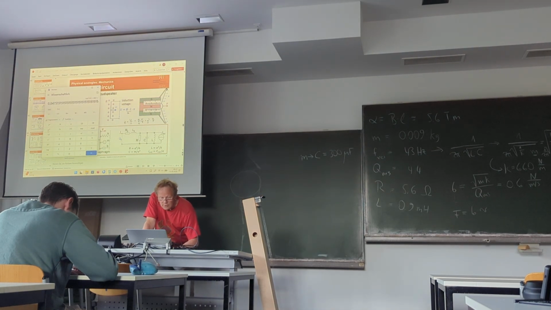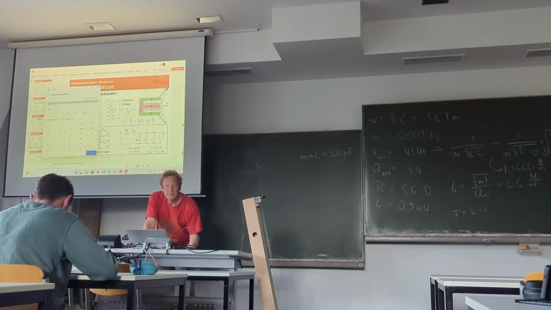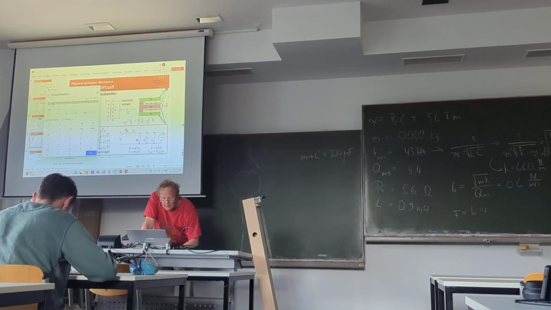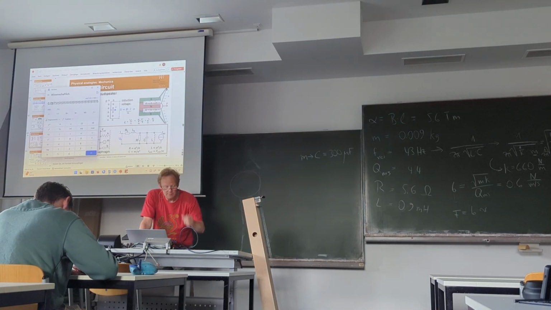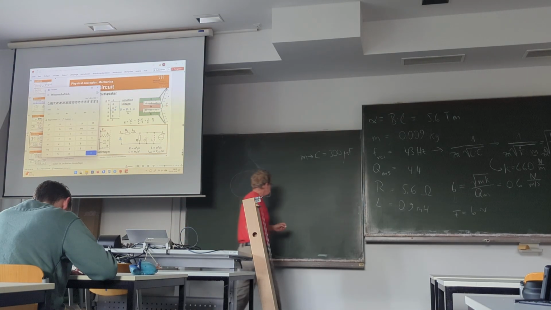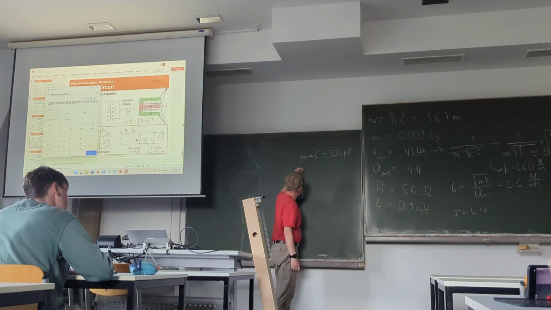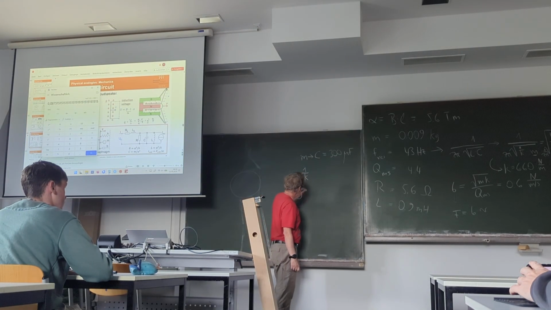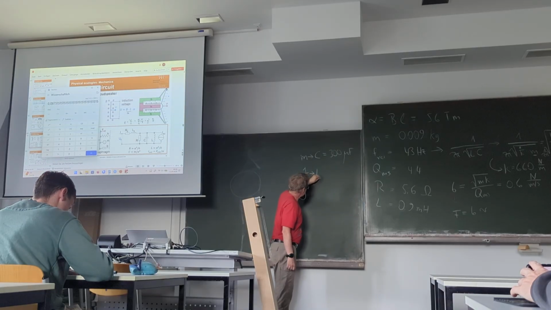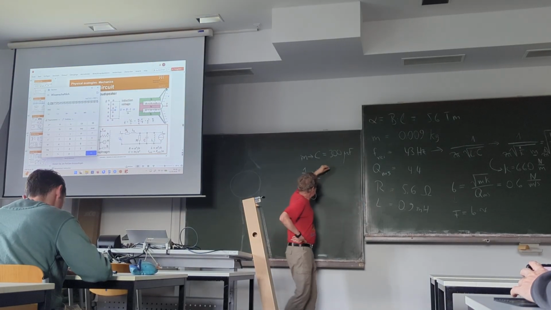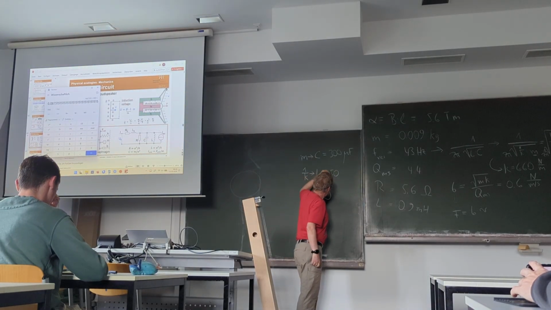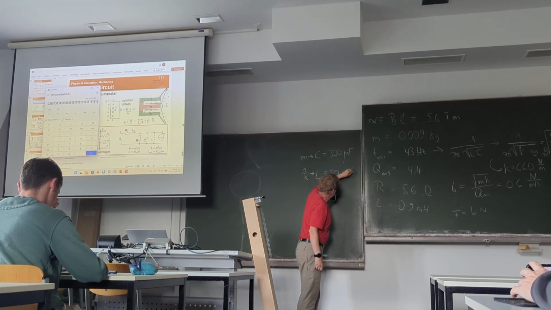So this should be the value in henries, the unit of L. So this is 47 millihenries. Let's say 50, just to get a round number. So 1 over k becomes an inductivity, and this is around 50 millihenries.